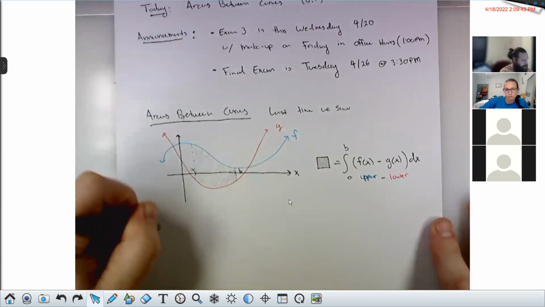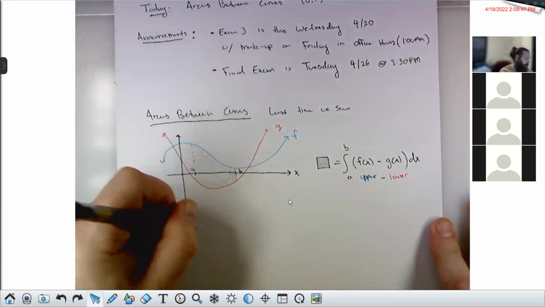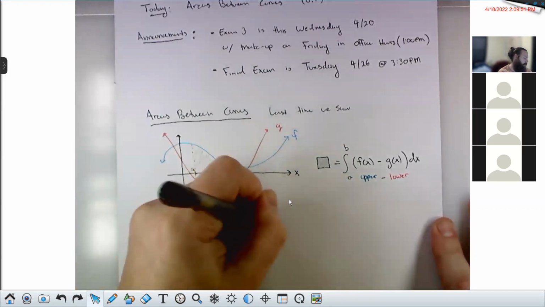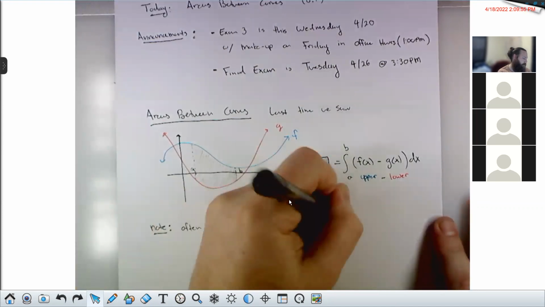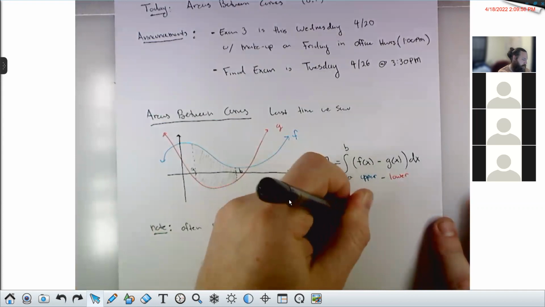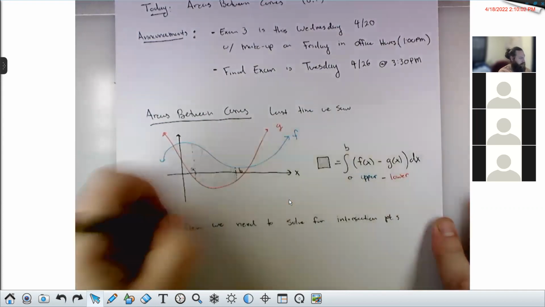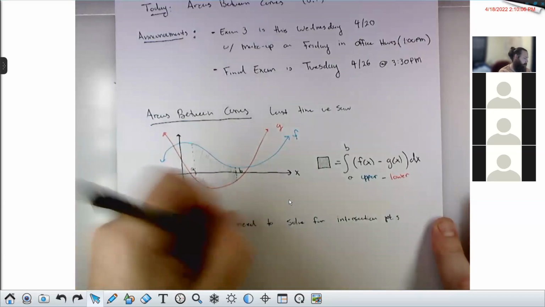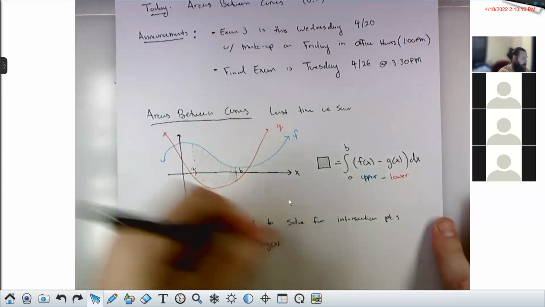Let's say note: often we need to solve for intersection points by solving the equation f of x equals g of x.